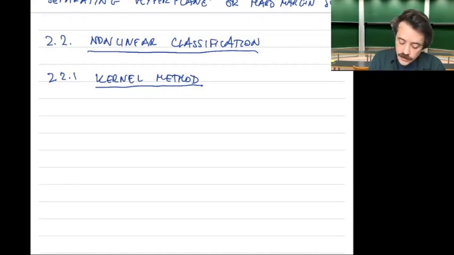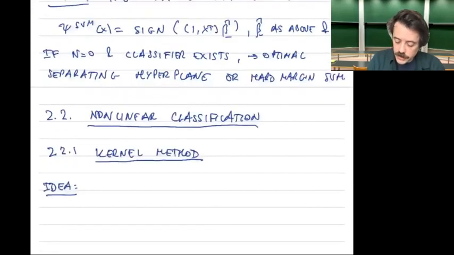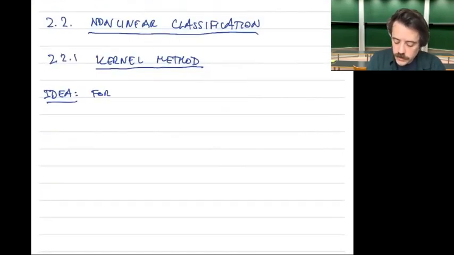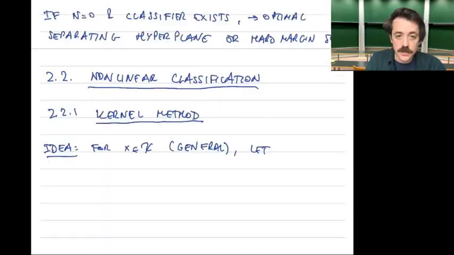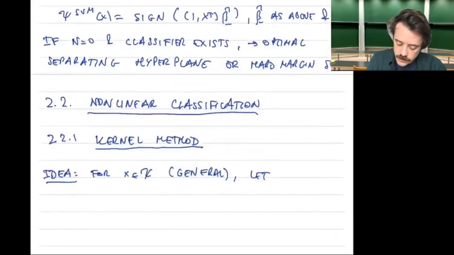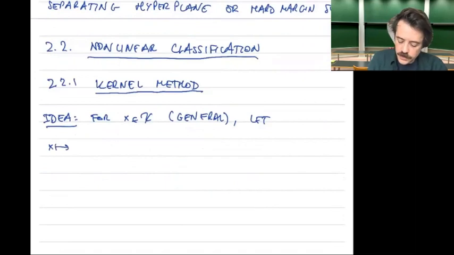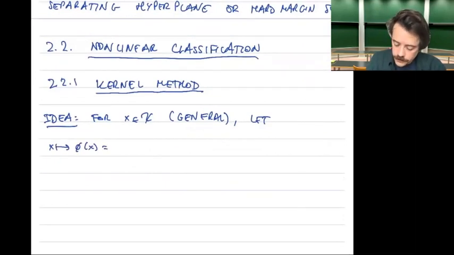Let me give you the idea then. I don't think we can get around that idea. So I introduce the notation: for x in calligraphic X, which is now general, I'm not saying that this is a Euclidean space, we can take any space. Let phi map x to phi 1 of x, phi 2 of x, and so on.